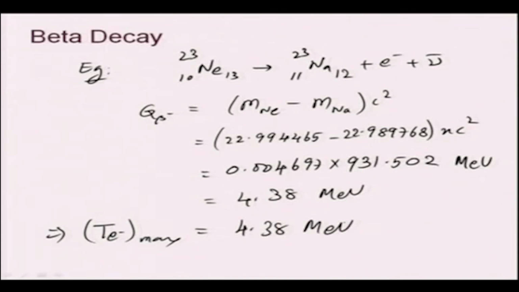Experimentally, you can check in the beta decay of radioactive neon-23 what is the maximum kinetic energy of the electrons coming out, and it is experimentally verified that it is indeed equal to 4.38 as expected.